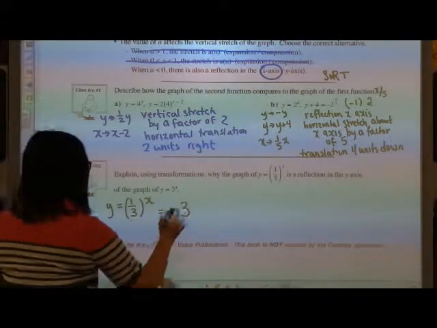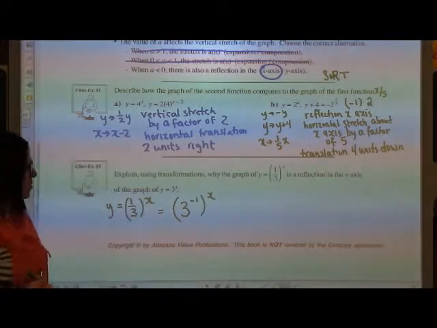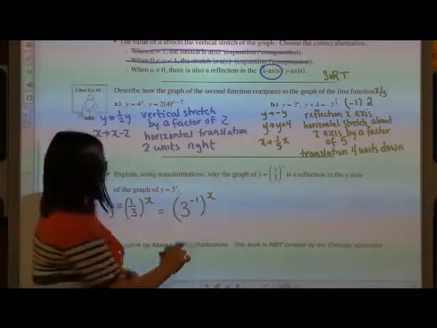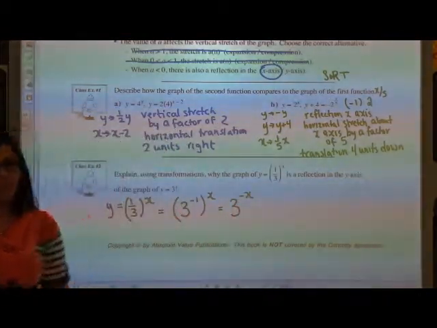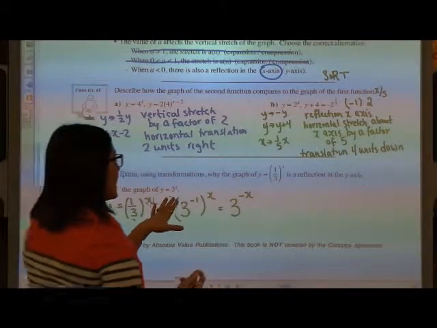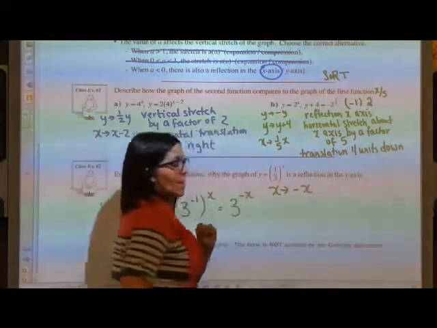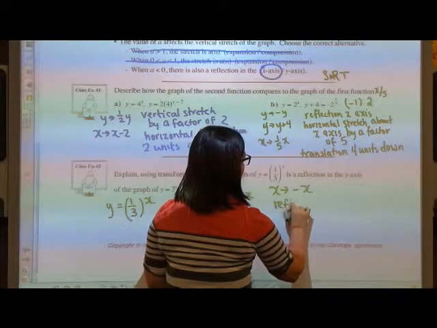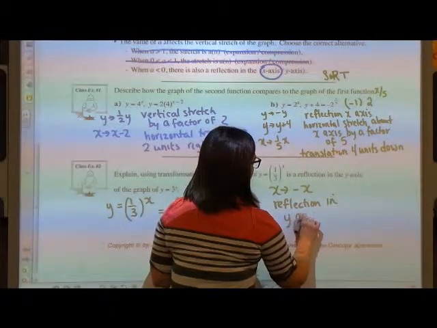The answer, -1. So if I replace this with a negative 1 to the power of x, I get 3 to the power of negative x. So my replacement is I replaced x with a negative x, which is a reflection in the y-axis.